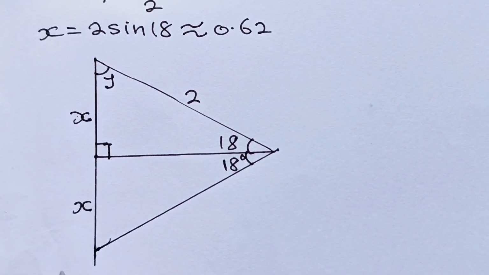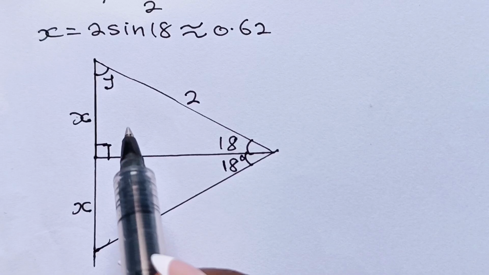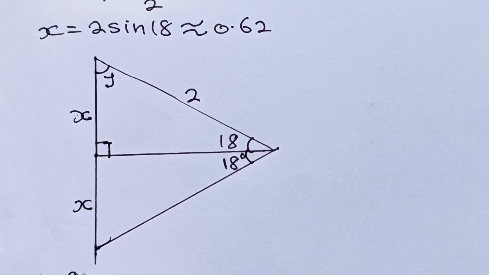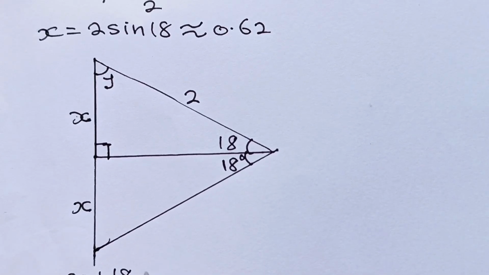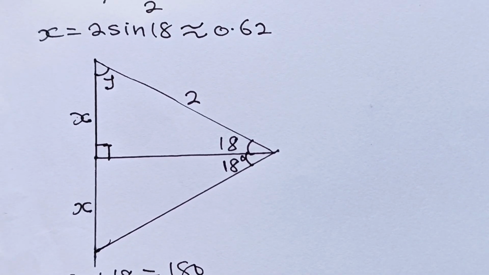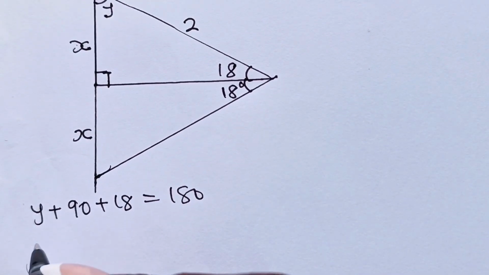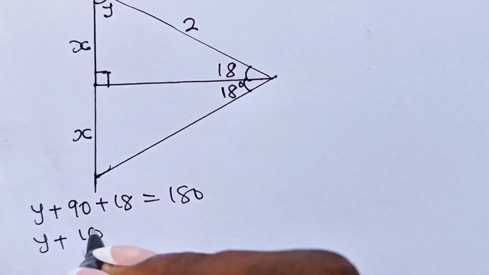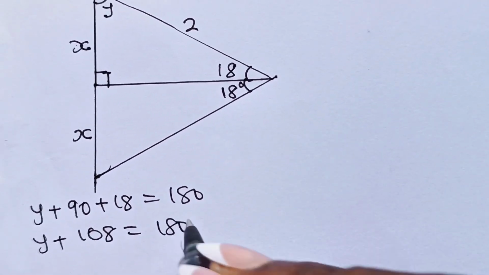Remember that the sum of angles in a triangle is 180. So y plus 90 plus 18 is equal to 180. So y plus 108 is equal to 180.